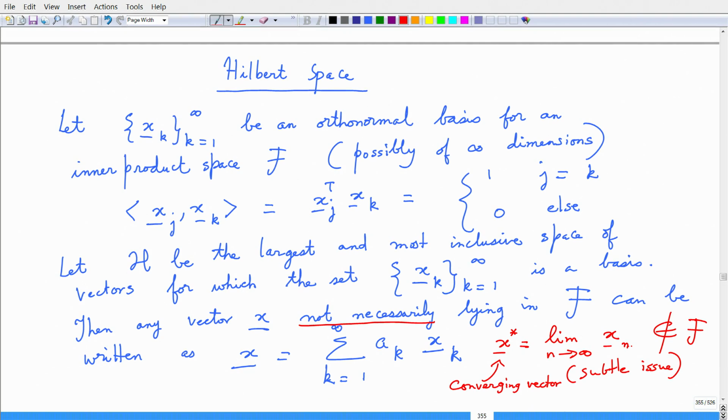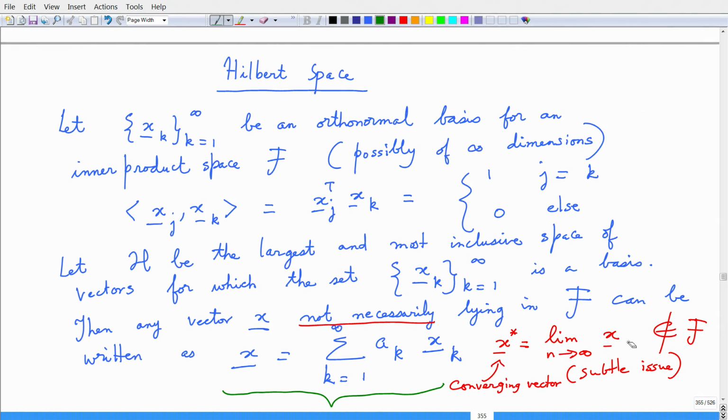So, one subtle thing that you might see here is just from a notational standpoint. If you just focus on this equation here, this is saying that any vector can be represented using these bases xk, but I use this xn here, and this n is basically a sequence of such vectors.